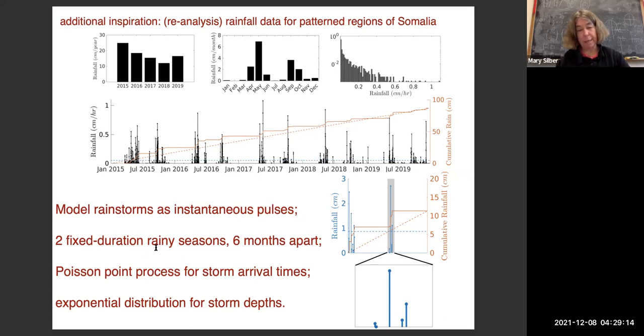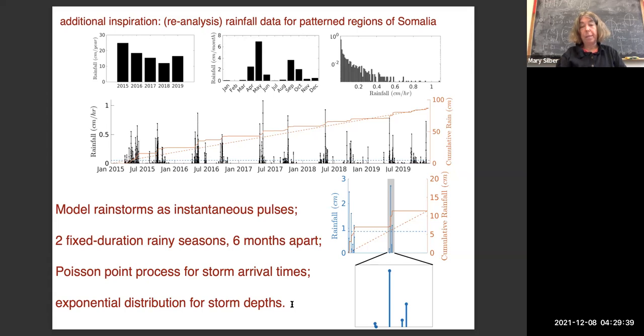We're going to make them identical so that the periodicity in our model is 6 months. So 2 equally spaced rainstorms of the same duration. We'll take the arrival times as a Poisson point process, and the storm depths we're going to take as drawn from an exponential distribution.